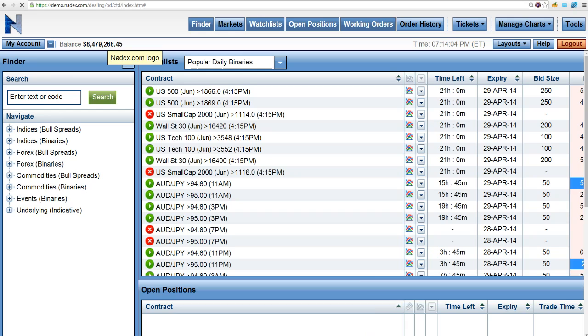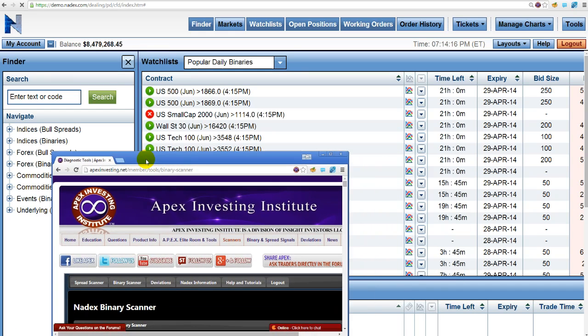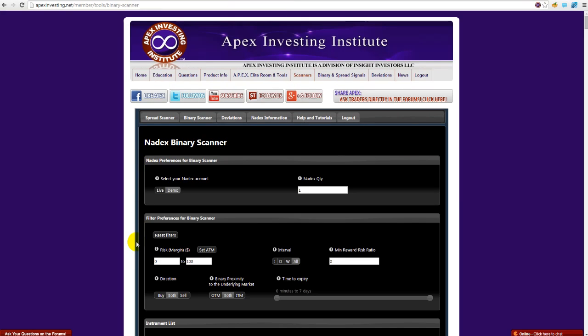And then the one other piece that I'm going to bring you over to is right here on the scanner. So we'll be looking and referencing this today because this will help you, because if you're scalping, you don't have time to be clicking around all these different expirations to find the best contract.